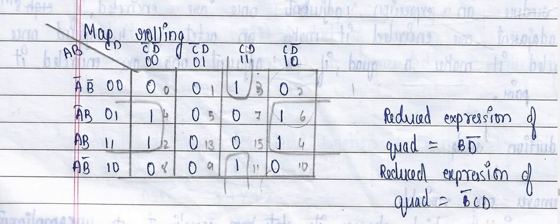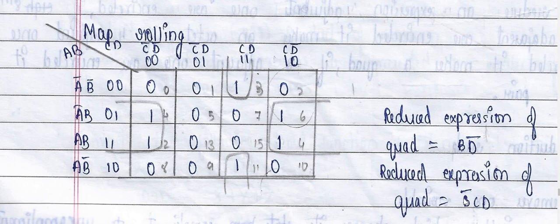What will be the top side? CD. So the reduced expression of the pair, this one is not a quad, it's a pair, is equal to B bar CD. Yes, using the pair reduction, we can remove one variable.